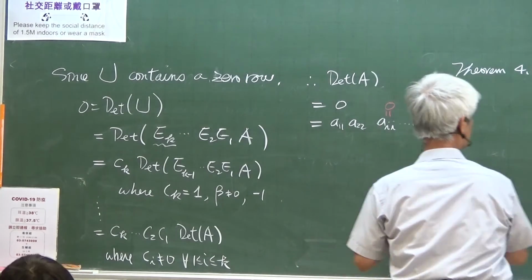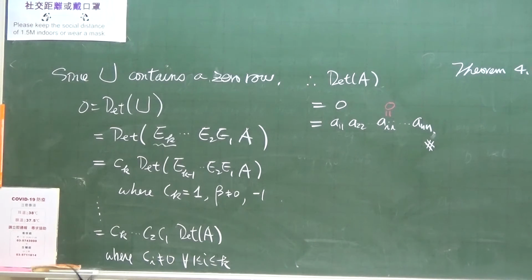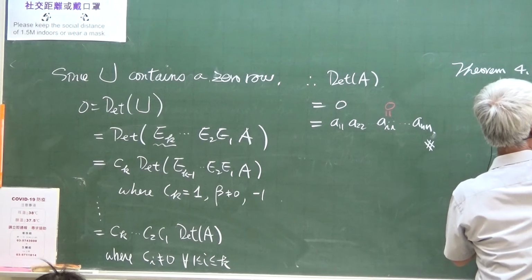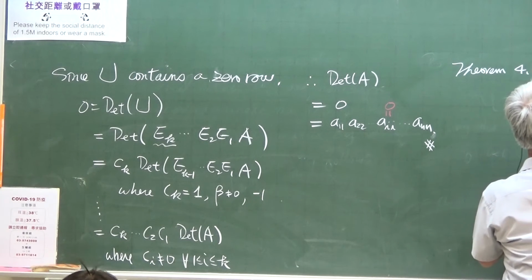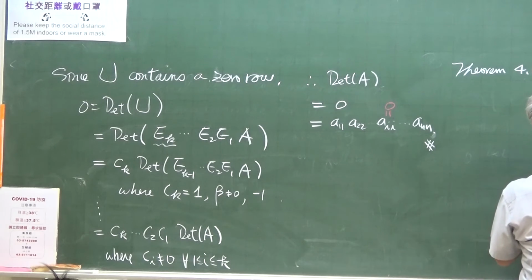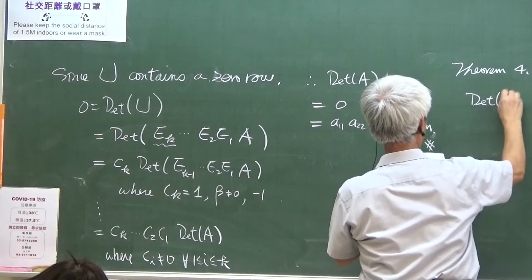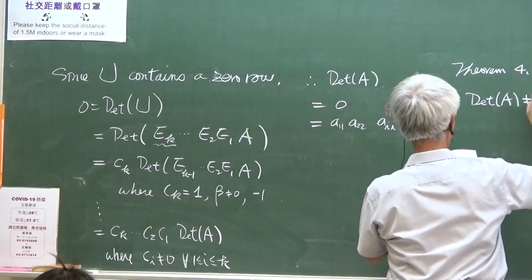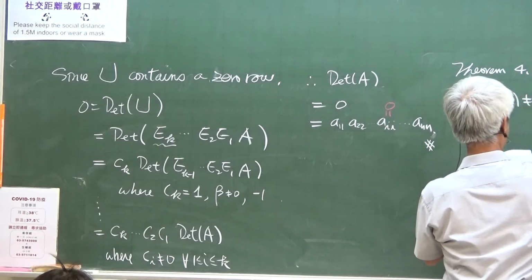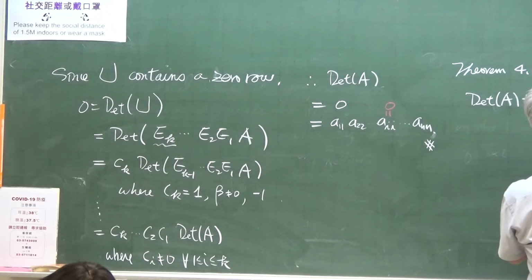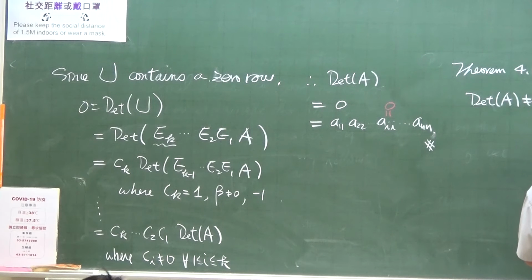It's about invertible matrices. The determinant of A is non-zero if and only if A is invertible.